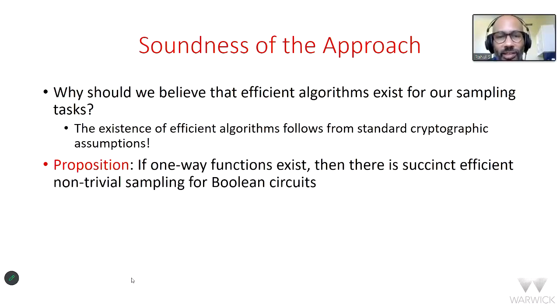If one-way functions exist, then even the strongest version of these sampling tasks is still solvable. The reason is that one-way functions imply cryptographic pseudorandom generators with small seed length, and just by sampling a random output of a cryptographic pseudorandom generator, you can solve the sampling task. So that's a straightforward way to do it if one-way functions exist.